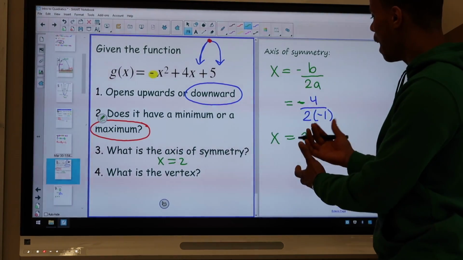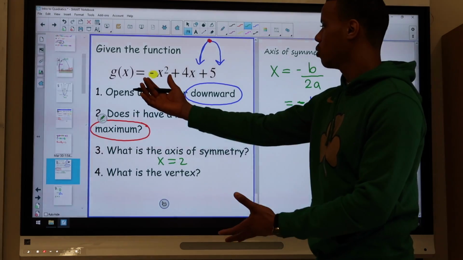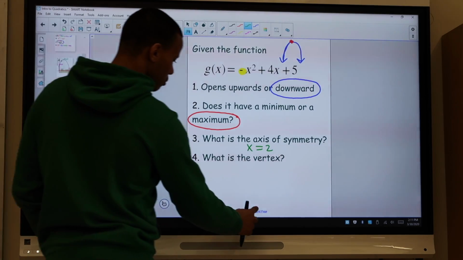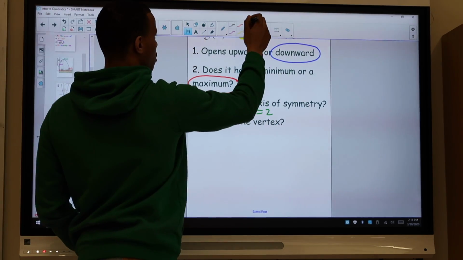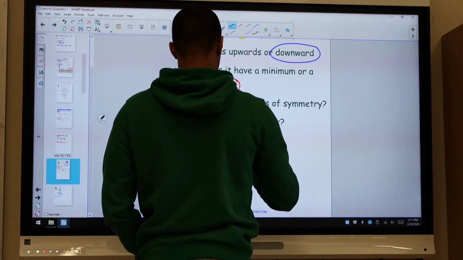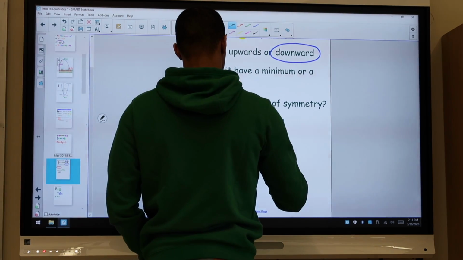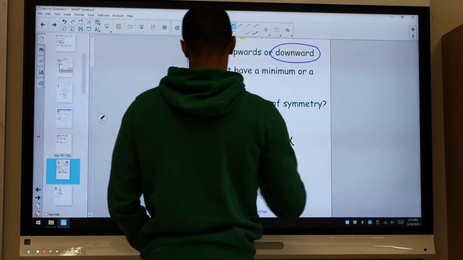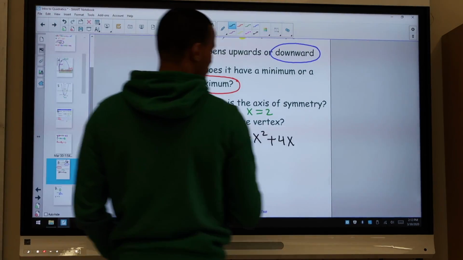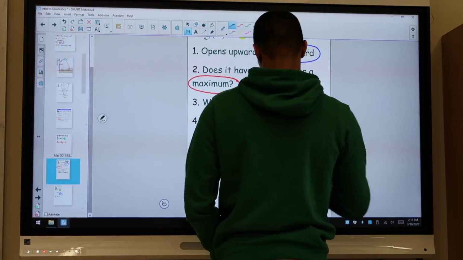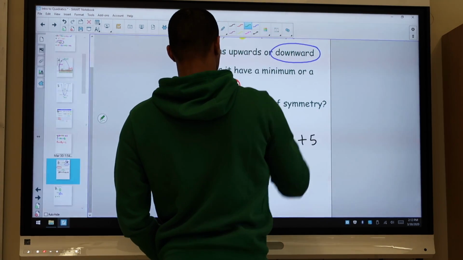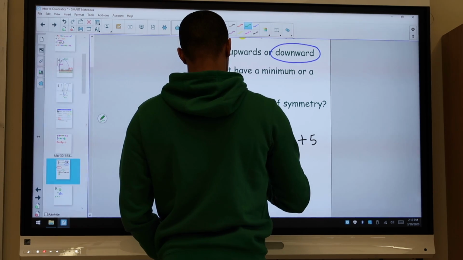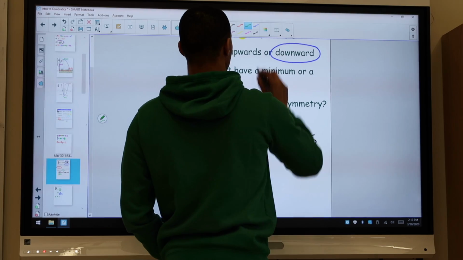You're going to take that point, x equals 2, and substitute it into your function. So let's go back to this one. My equation is g of x equals negative x squared plus 4x plus 5. I want to evaluate this function, g of x, at 2, right?